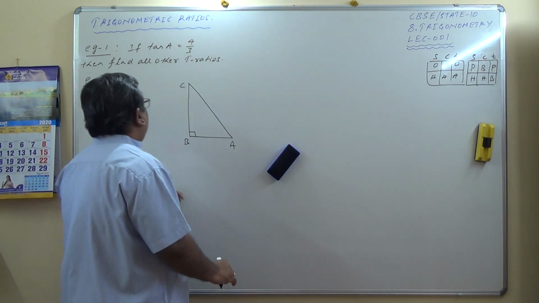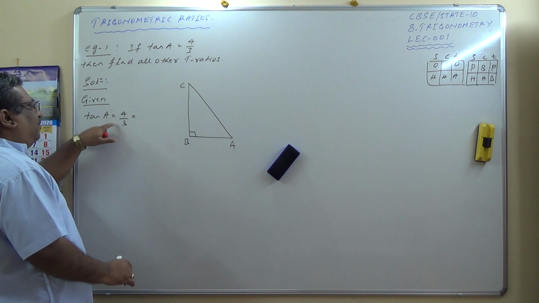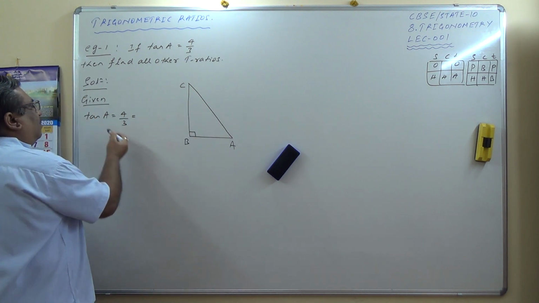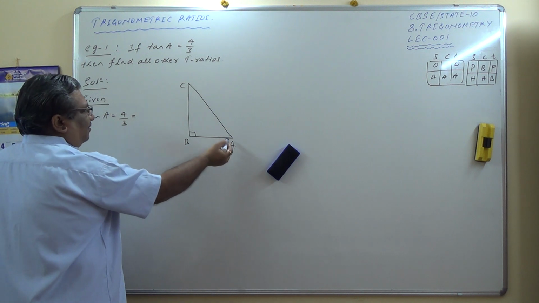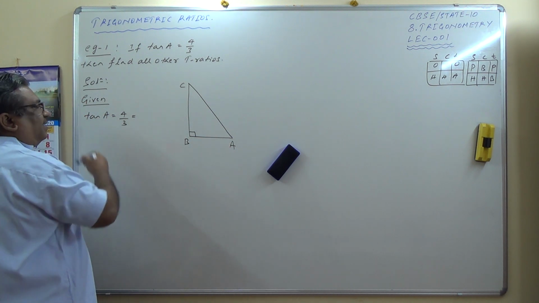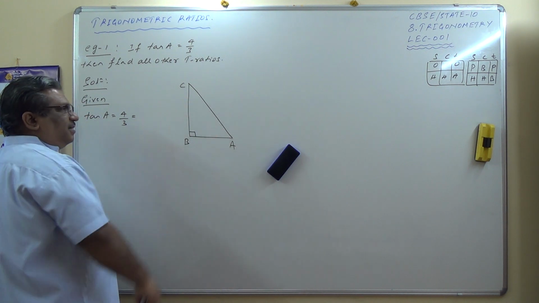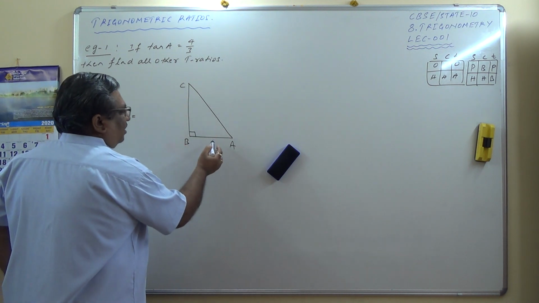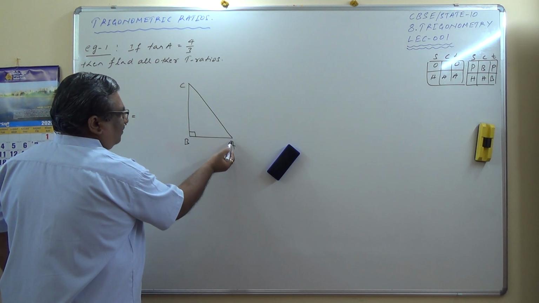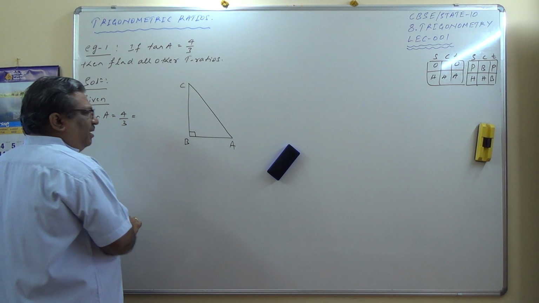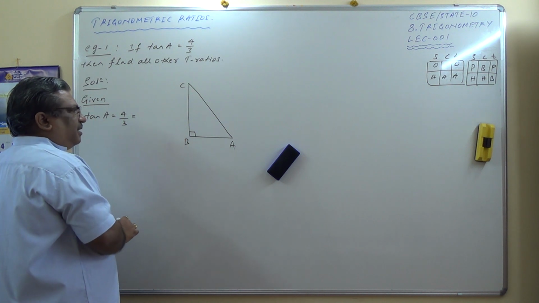Now, what is given to us? Tan A equals 4 by 3. So tan of A equals 4 by 3, meaning what are the sides with respect to reference angle A in terms of tan ratio? So tan of A is equal to opposite side by adjacent side. Remember, this is the reference angle. Adjacent to the reference angle is AB, and therefore AB is called the adjacent side.